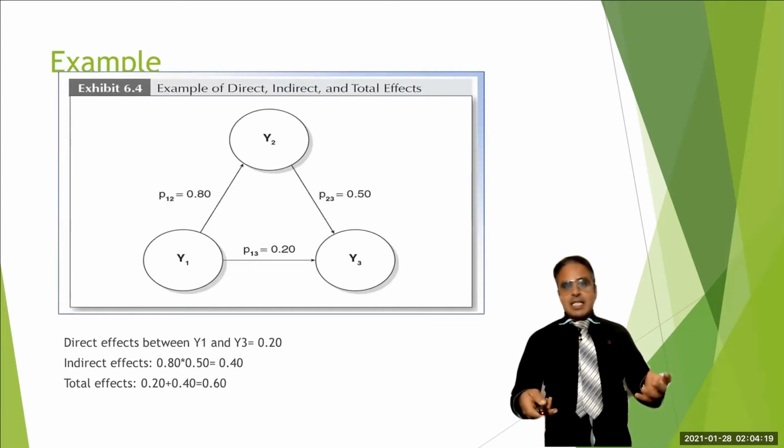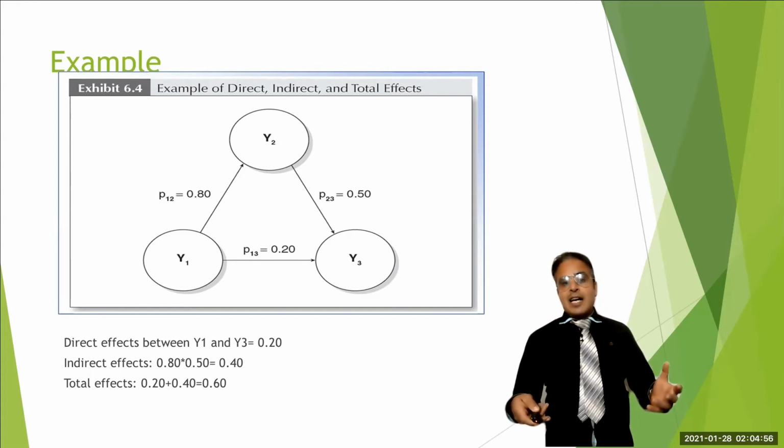If we consider, for instance, the relationship between y1 and y3 here, the direct effect between y1 and y3 is equal to 0.20. The indirect effect goes through y2, so we go this way and then this way. It is 0.8, which is the relationship between y1 and y2, and 0.50, which is the relationship between y2 and y3.